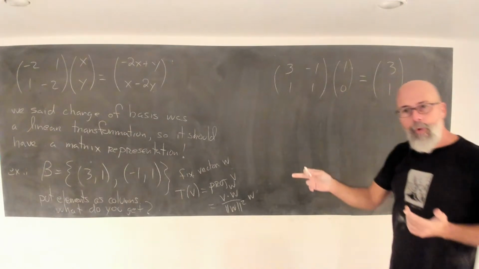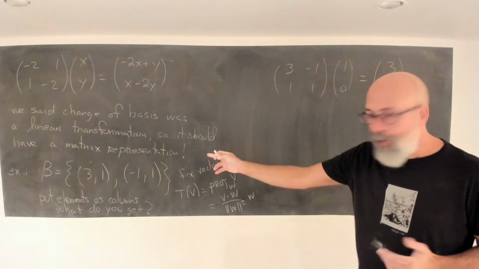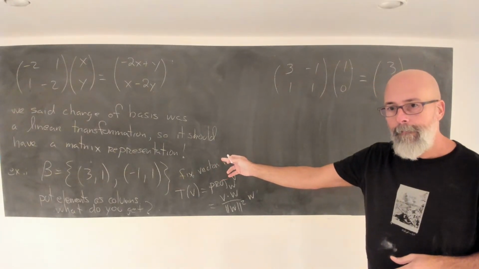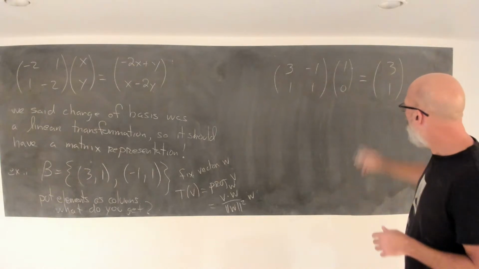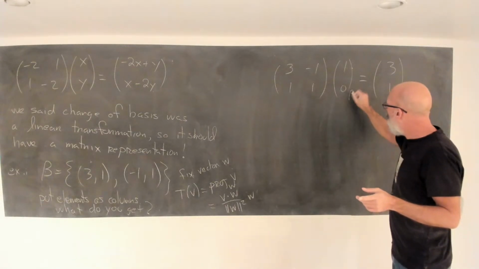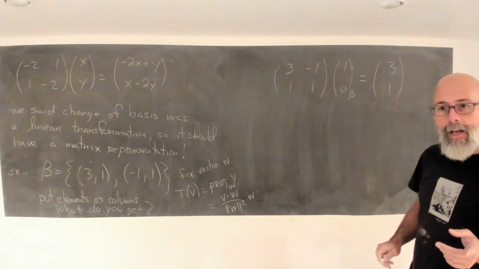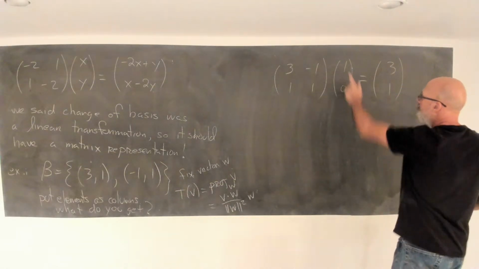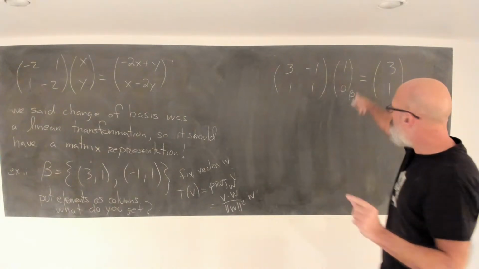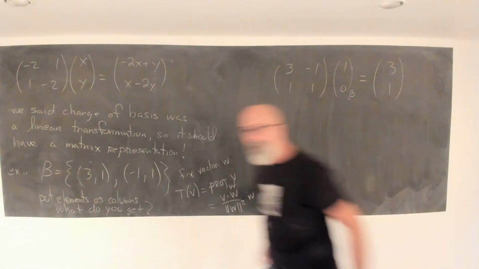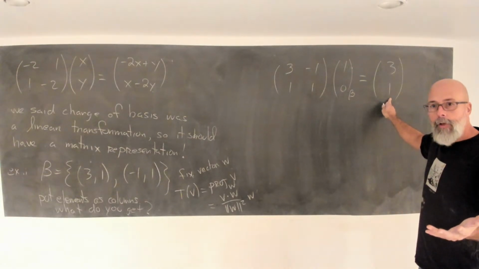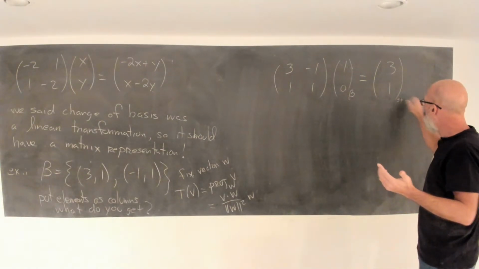But the vector (3, 1) is the first element in your basis. So if you treat this as (1, 0) in the basis B, meaning the first basis element, it gives it to you in the standard basis.